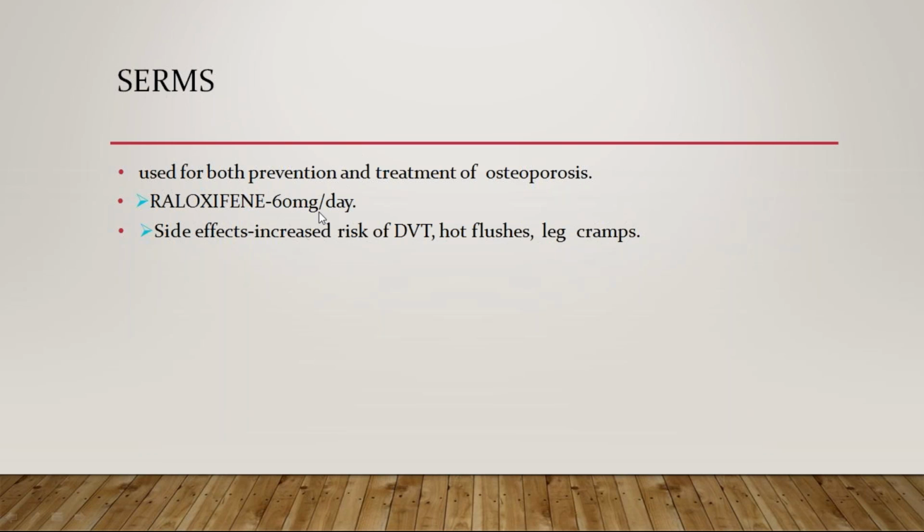How much? 60 milligram per day we can use. Side effects: increased risk of deep vein thrombosis, hot flushes, and leg cramps. In osteoporosis, leg cramps are the most common. Whatever the drug, whether bisphosphonates or hormonal replacement therapy, these patients may complain of leg cramps.